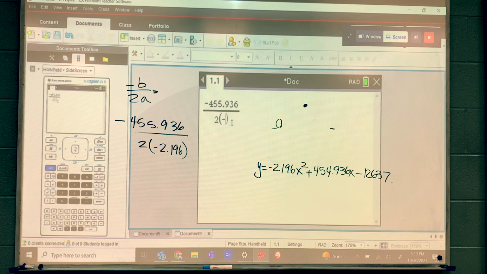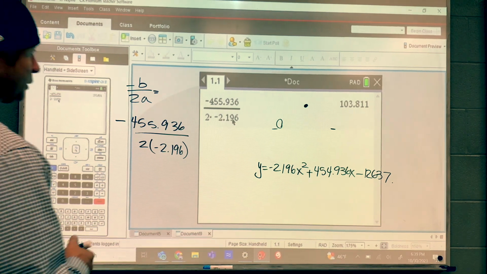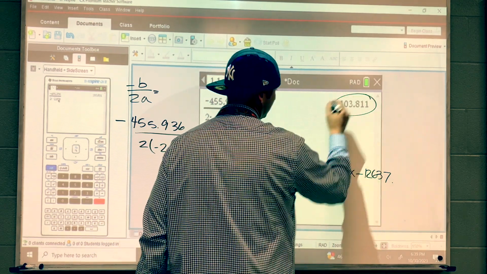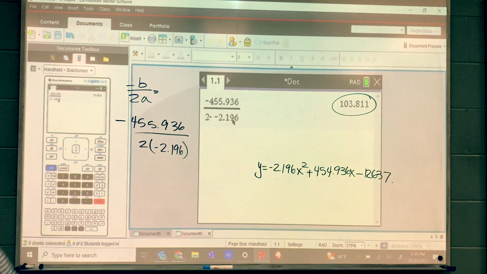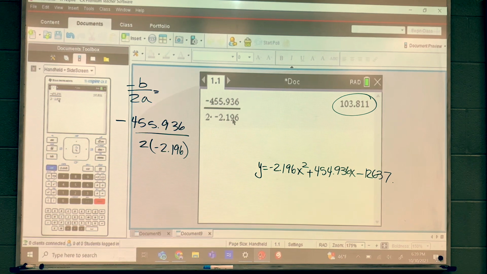About to get an error. 103.81. $103.81. If they sell shoes at that price, they should generate the greatest revenue. That's what the model tells us.